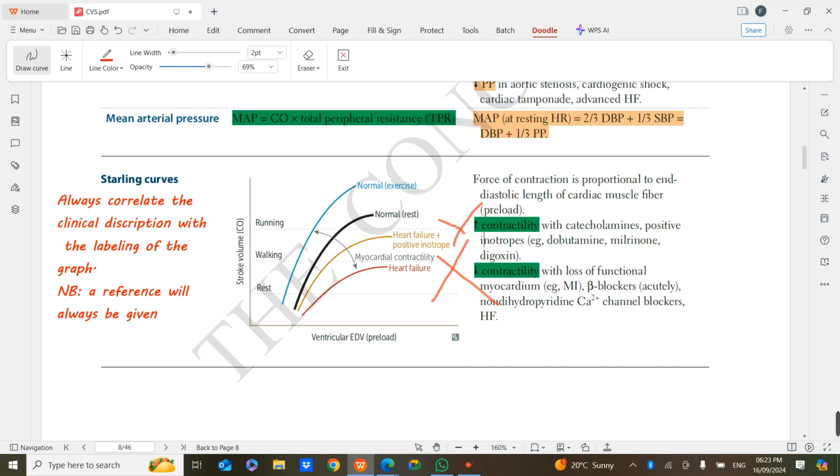So let me assume that this X, this lowermost curve, is the one they give for the patient. They now tell you that the patient is treated. Where do you think the curve is going to be? Have you ever seen a patient that is treated for heart failure and that patient can run like a normal patient? No matter how you treat it, the patient cannot be normal again. It's not possible.